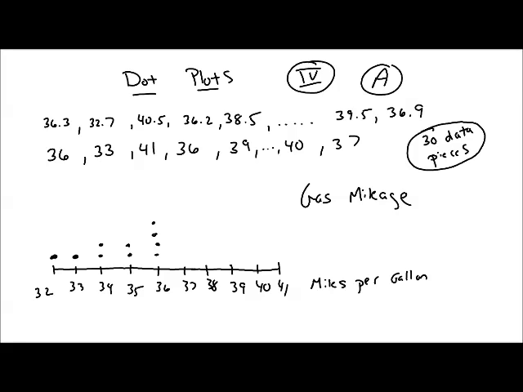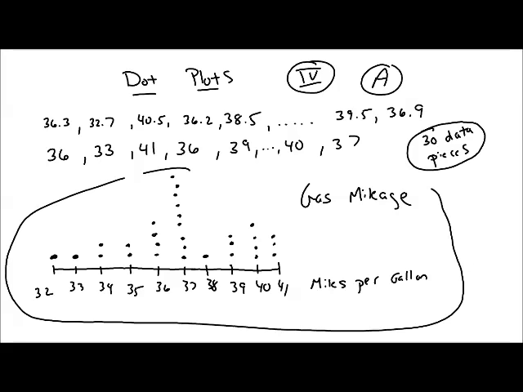This one has 1, 2, 3, 4, 5, 6. Oh. 1, 2, 3, 4, 5, 6, 7, 8, 9. And you got a dot down here, 3 here, 4 here, and 3 here. Okay, so that's it for a dot plot. You're actually done right here.